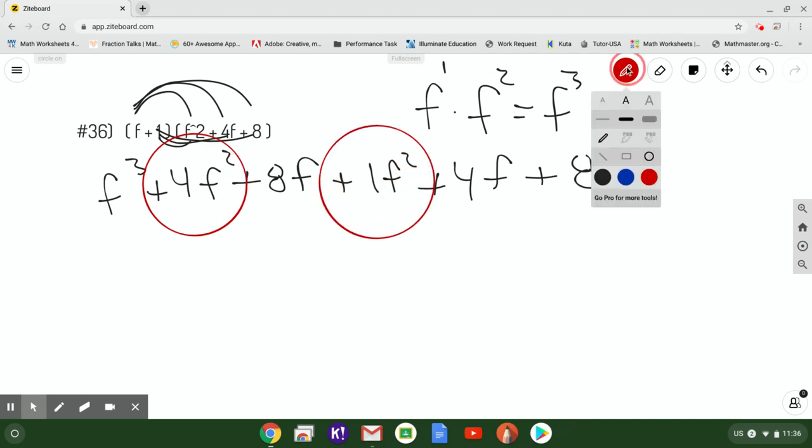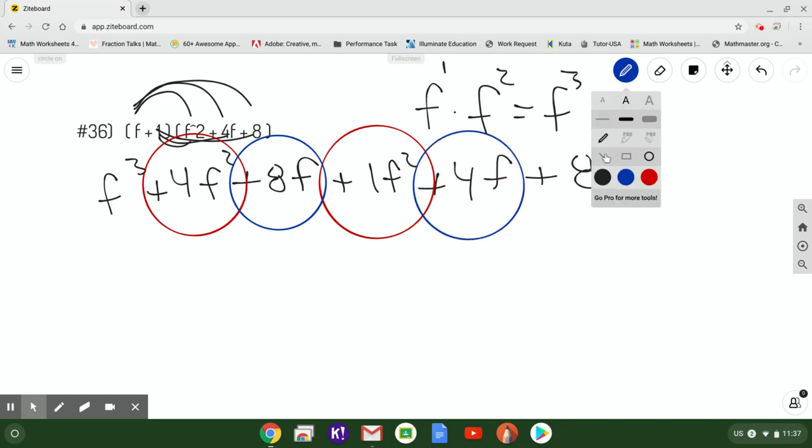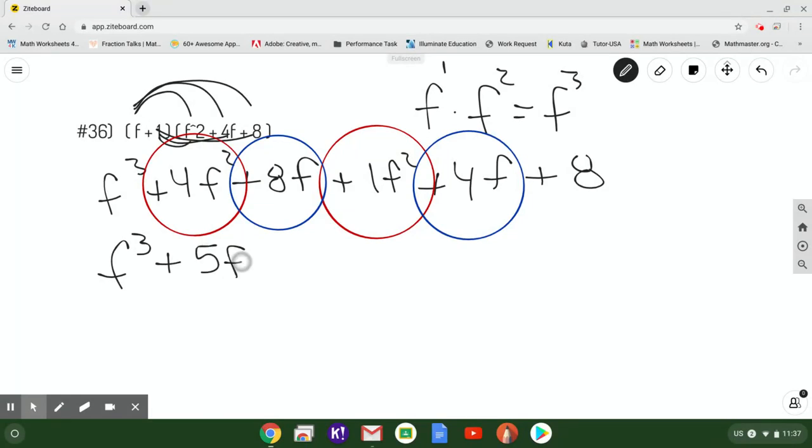And then I have F's. So this positive 8F and this positive 4F, those are going to combine, and then I think that's it. So it's going to be F to the third, and then the 2F squared is going to be 5F to the second.